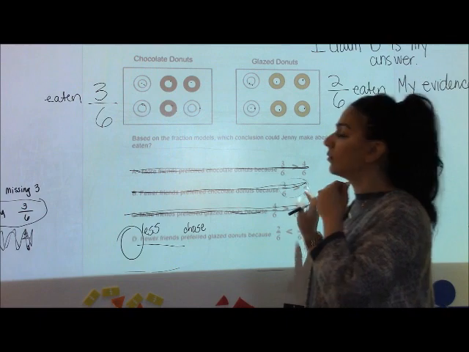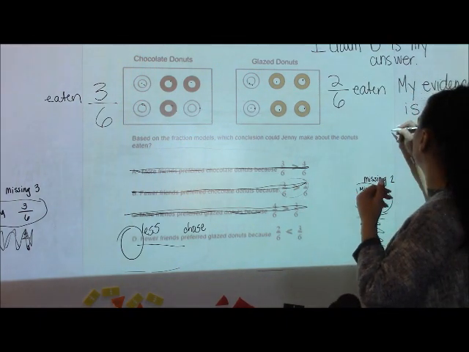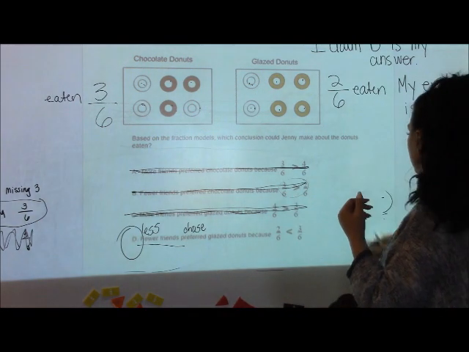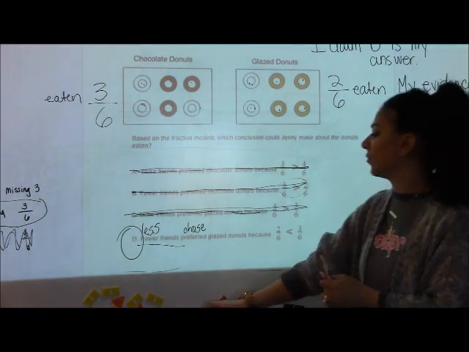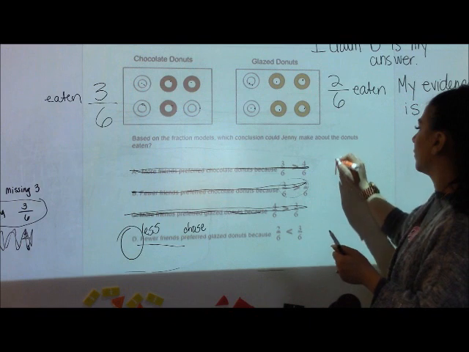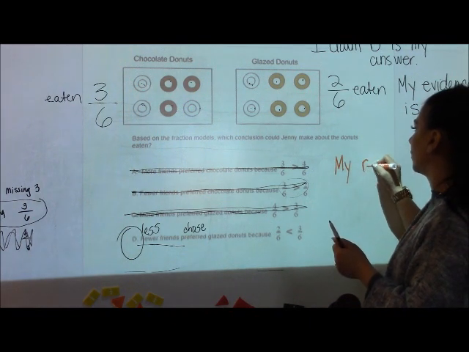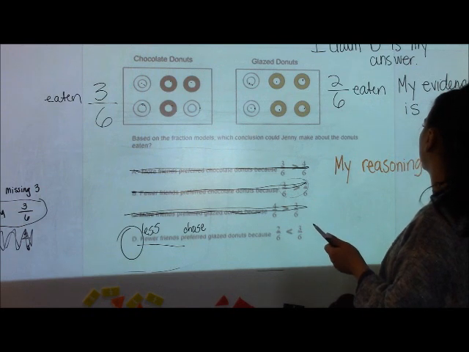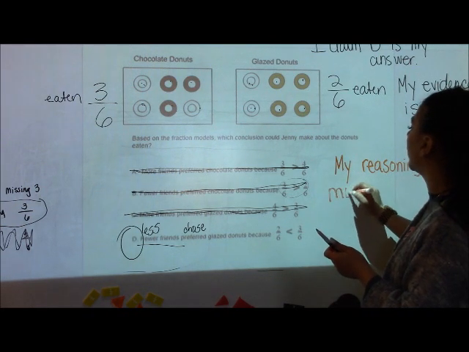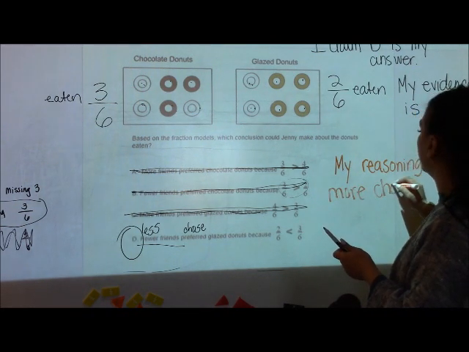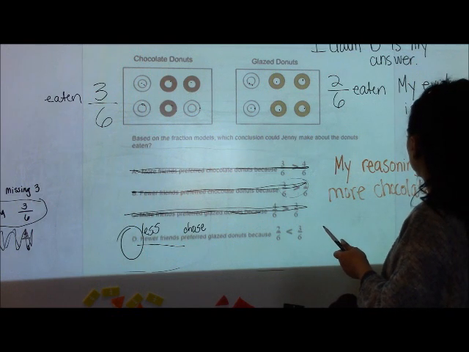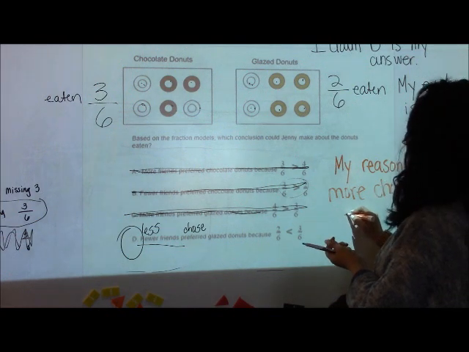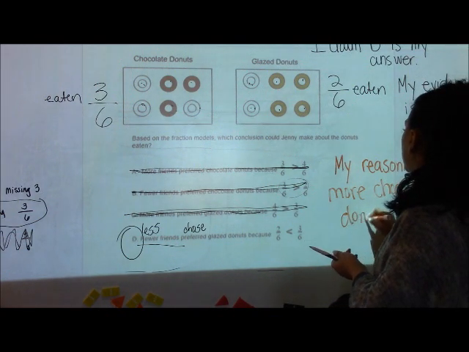And my reasoning is chocolate, they ate more chocolate donuts than glazed donuts. My reasoning is more chocolate donuts were eaten. Do you guys agree with that? Yes. You agree? Okay. More chocolate donuts.